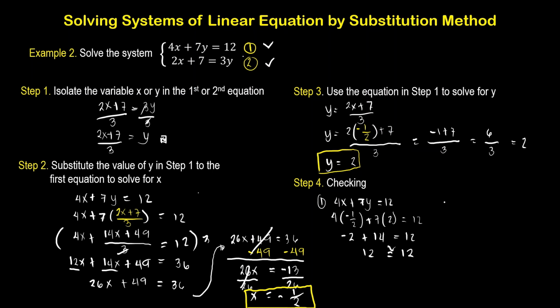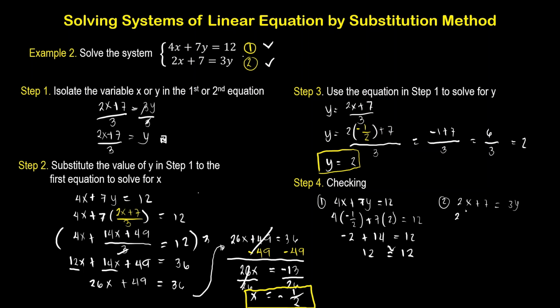Now, let's check if it also satisfies the second equation. So, let's use the second equation: 2x plus 7 is equal to 3y. Okay? So, again, let's substitute or plug in the values of x and y.